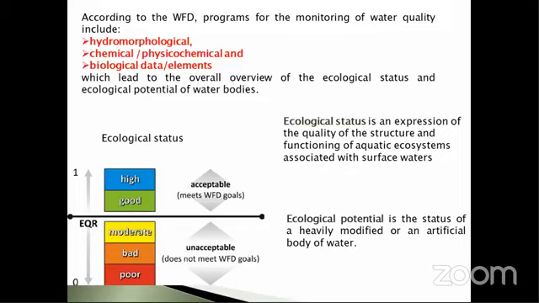When we are talking about ecological status, there are 5 levels from poor to high. Ecological potential has a different scale. There is no high but maximum ecological potential, because we are talking about an extremely influenced aquatic ecosystem.